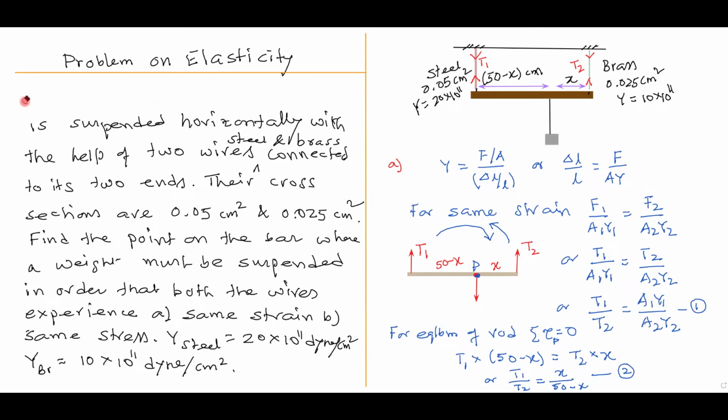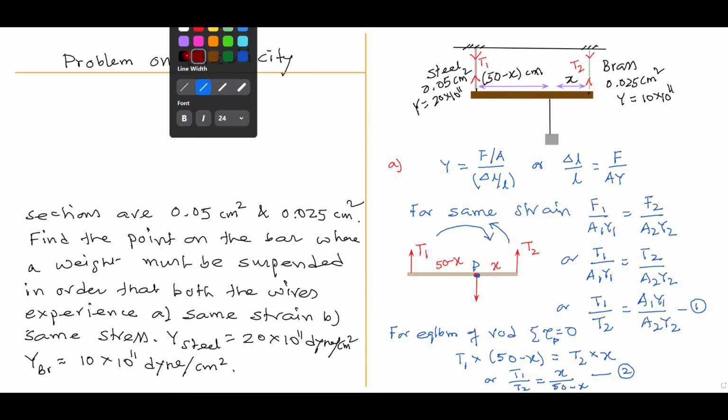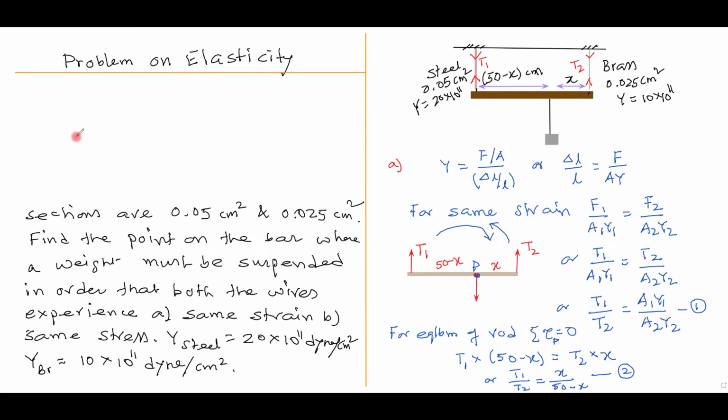Now T1 by T2 equal to 4. So find x now. From 1 and 2, x by 50 minus x equal to A1 Y1 by A2 Y2.